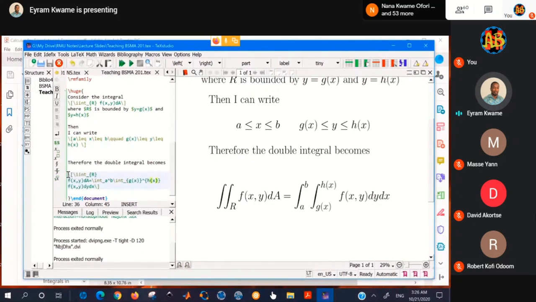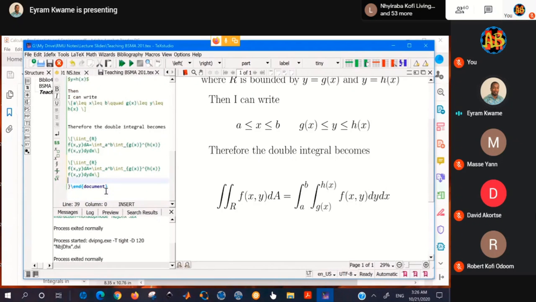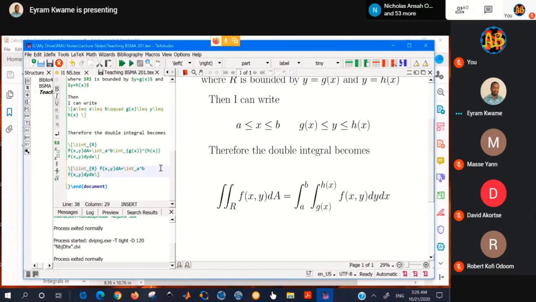So you would have this, which I'm going to just copy and replace. You have this situation where you are integrating basically just with x.